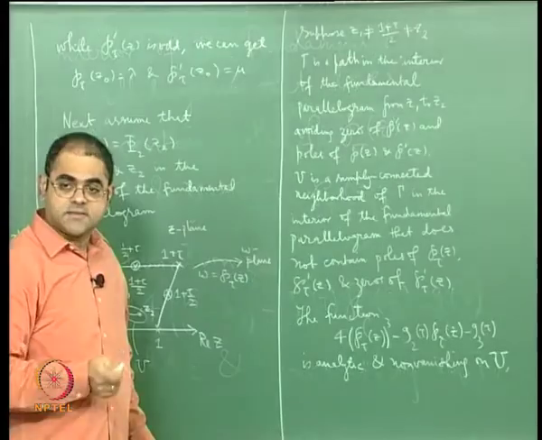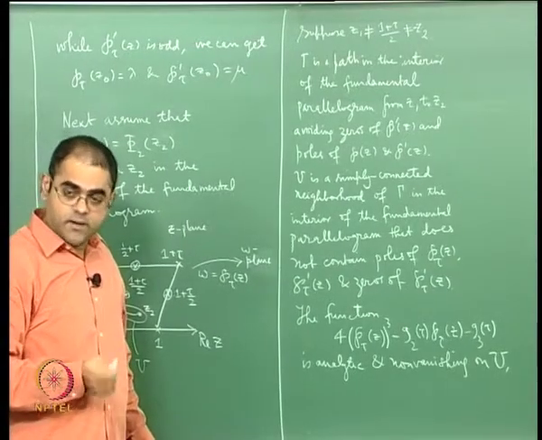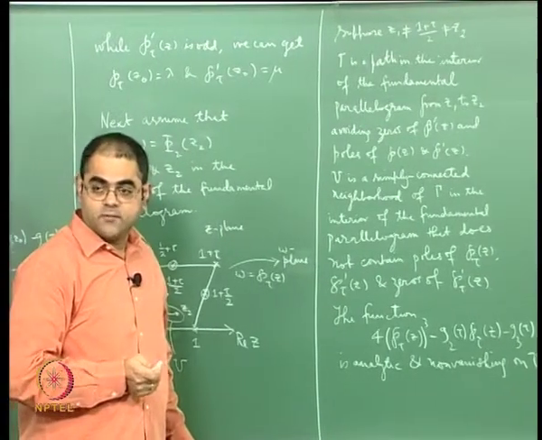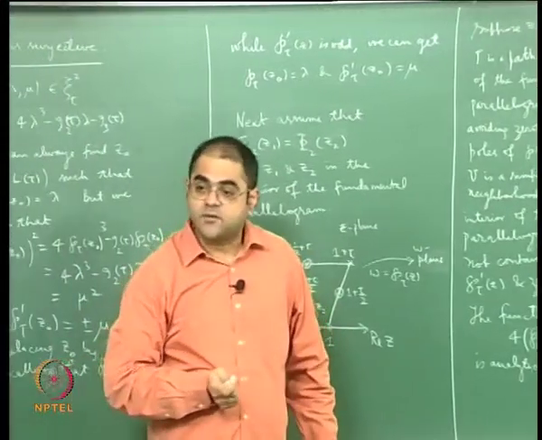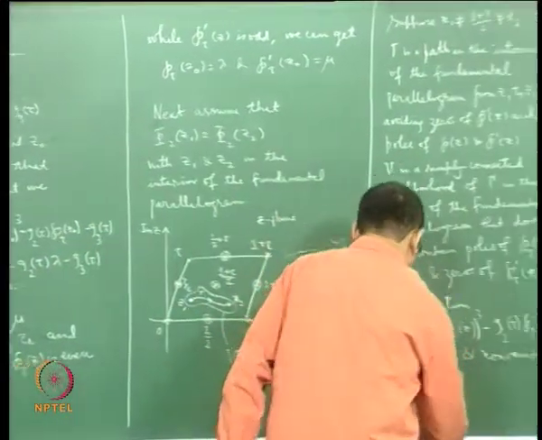So it has an analytic square root, a branch of the analytic square root which is equal to phi prime of tau there.